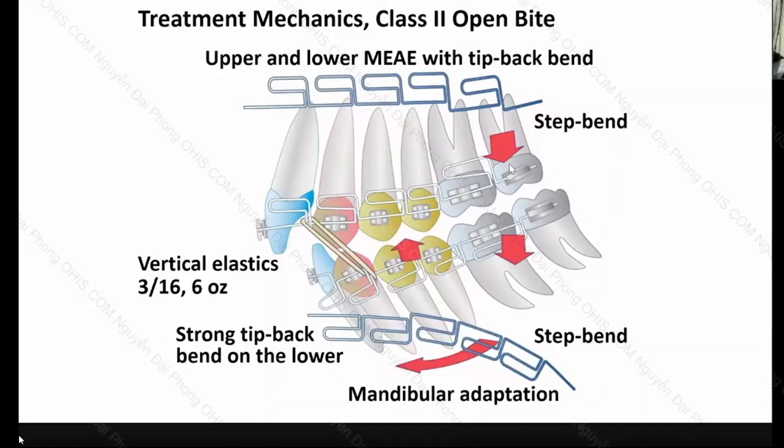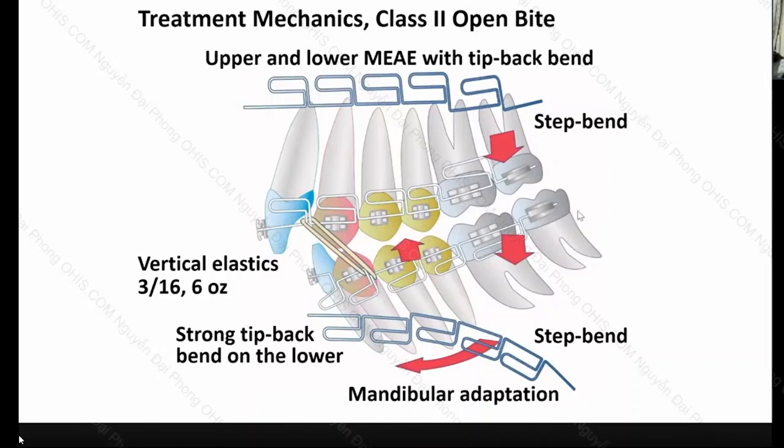Then the lower premolar should extrude and upright, and the lower molar should have a little bit of intrusion. Then finally, I want to make a flat occlusal plane.